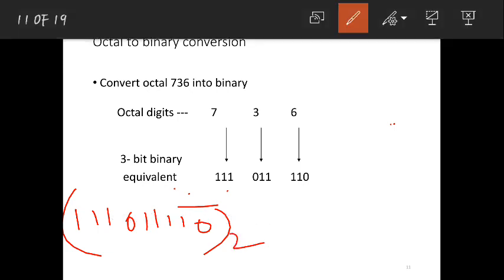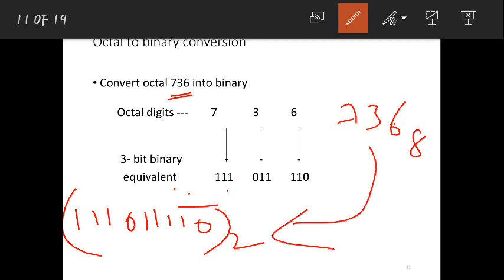This is your binary number, and this was your octal number. 736 to the base 8 is equivalent to 111011110 to the base 2.